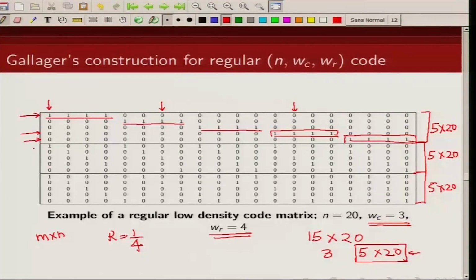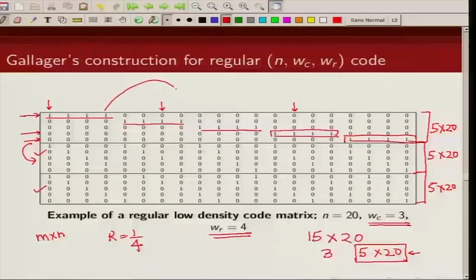Next, to get column weight WC, I need to design a similar sub matrix here, which will have 1 one in each column and WR ones in each row. How do I get this sub matrix and this sub matrix? I can do column permutation. For example, I can move this column here, and this column here.